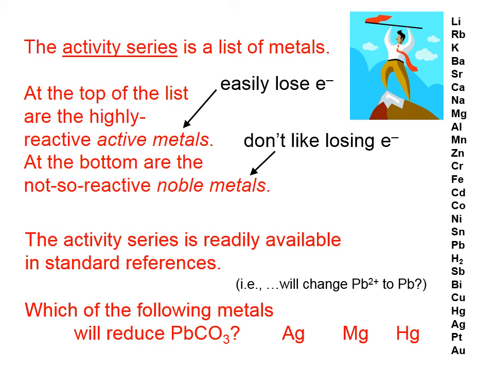We need to find a metal that will kick Pb2 plus off and separate it so that it's just Pb. In other words, carbonate here, the CO3 ion, is the date, and we need to steal that date.